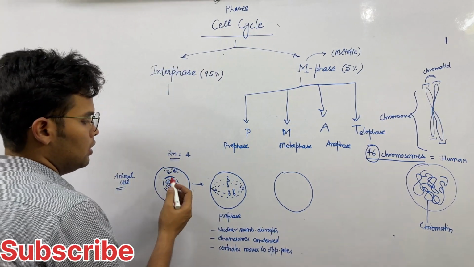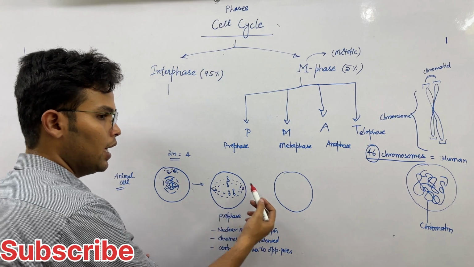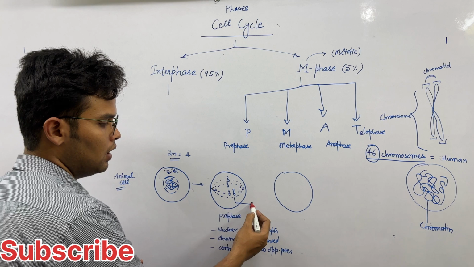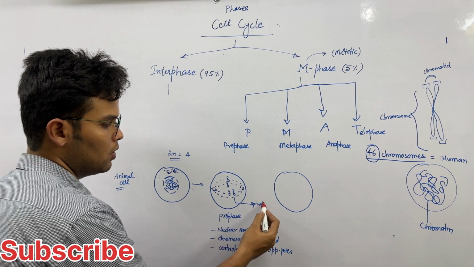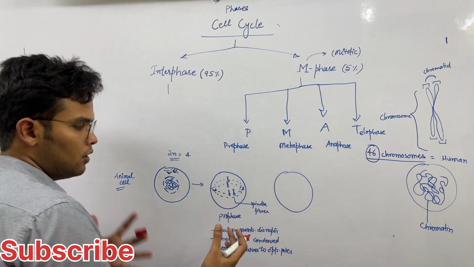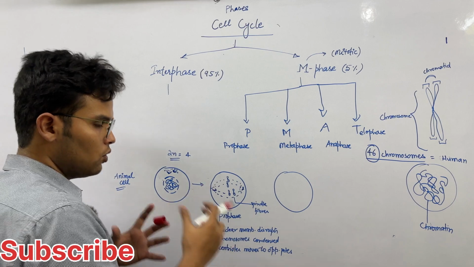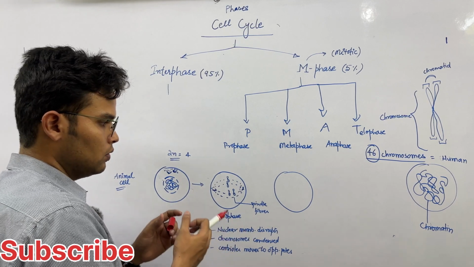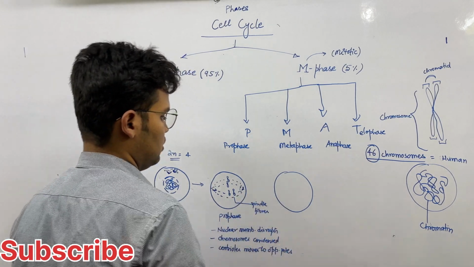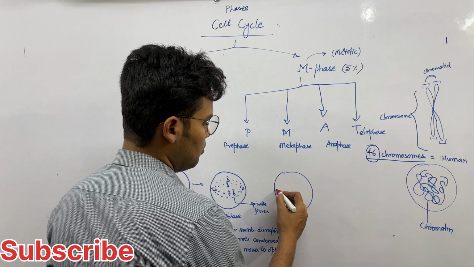But in animal cells, the centrosome divides and forms centrioles, and these centrioles align at each pole and lead to the formation of spindle fibers. These are the spindle fibers, and these spindle fibers connect both parts of the chromosome, the chromatids, and start to align them and pull them towards each pole.